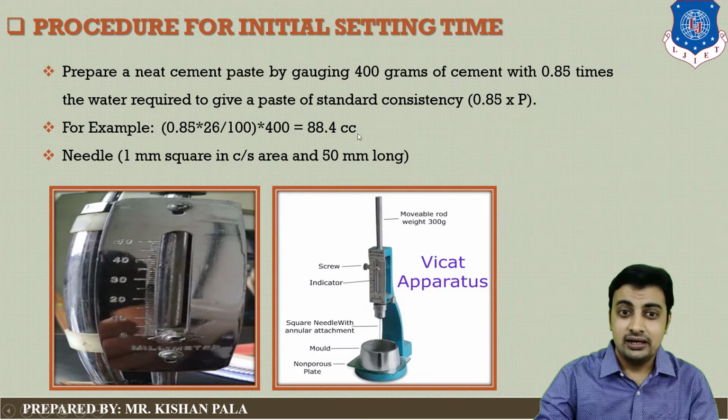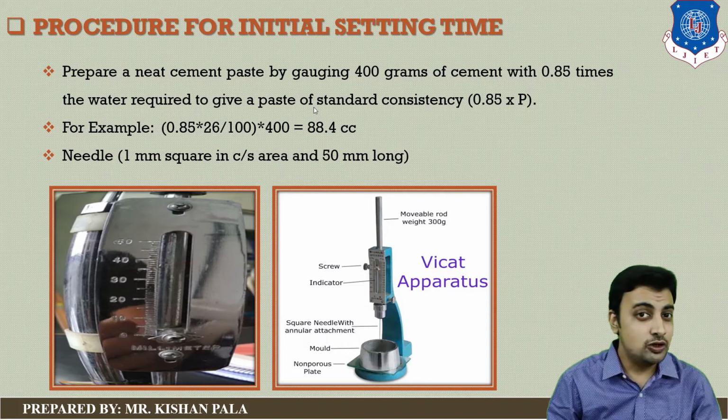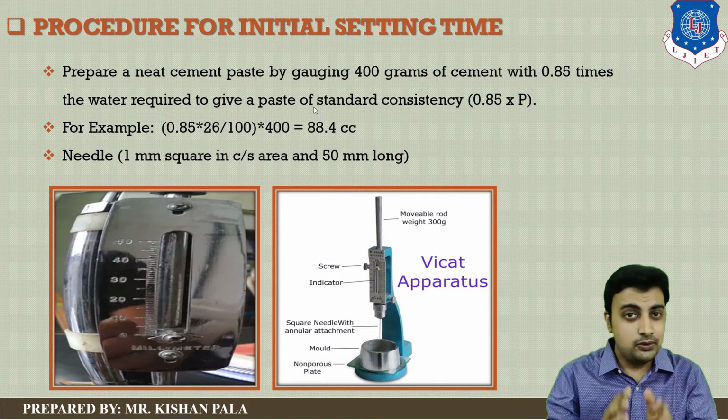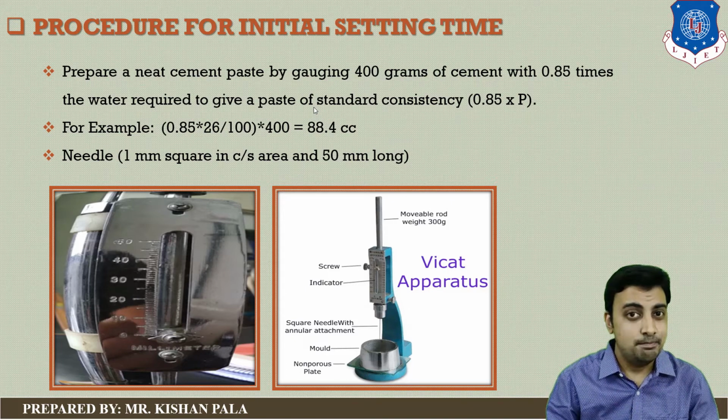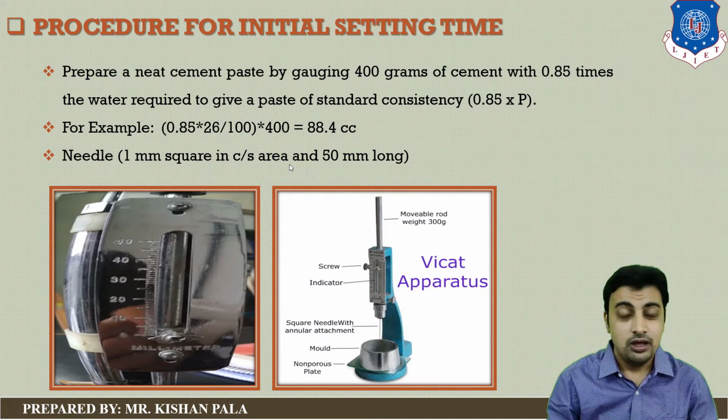So you get 88.4, which is the mass of the water. You have to add this quantity in your cement paste, and use the 1 mm square cross-sectional area, 50 mm long needle for finding the initial setting time.